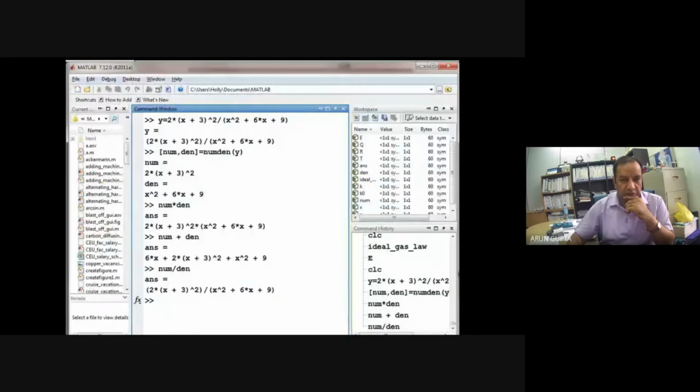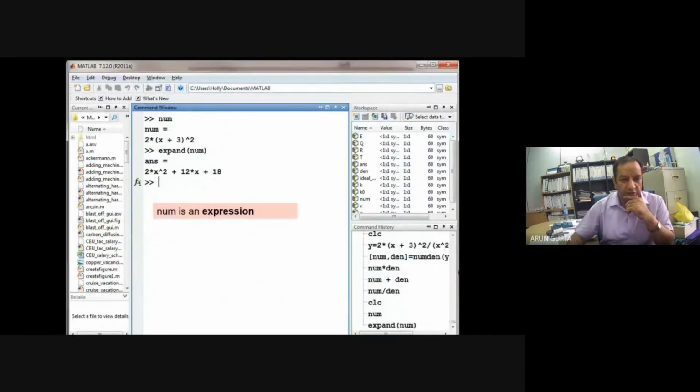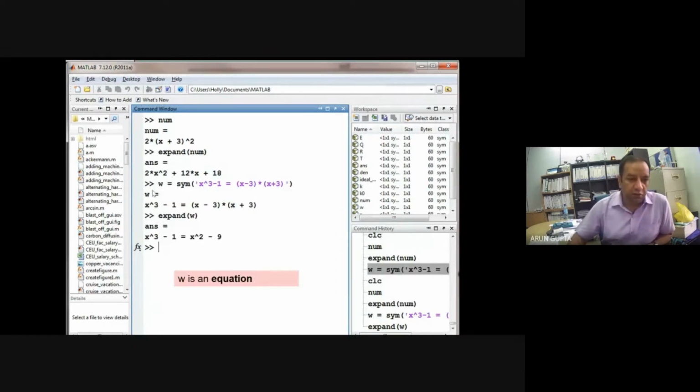Okay, this one also. Another part was expand. We have learned that, suppose you can see here the equation is written W is equal to sym of this one, and then you write expand W, and it will expand. There are a lot of terms and a lot of things in the MATLAB book also.